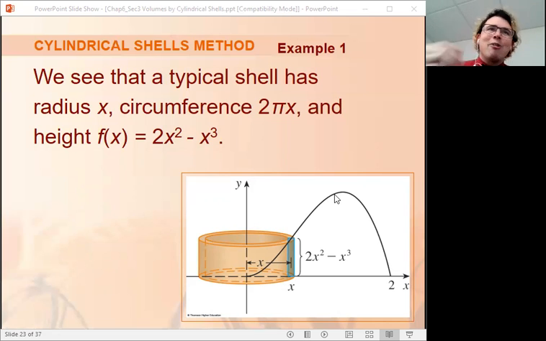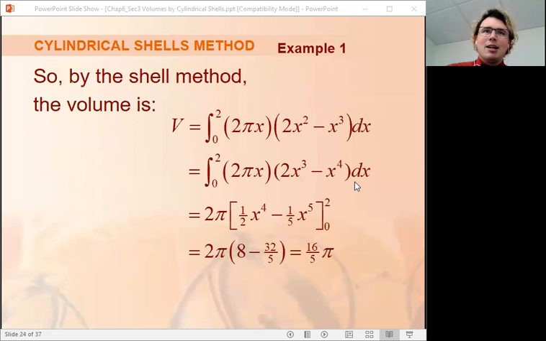The height, as I already said, is 2x squared minus x cubed. So my integral looks like this. Volume is equal to the integral from 0 to 2 of 2 pi x times 2x squared minus x cubed times dx. And I see here circumference, height, width.